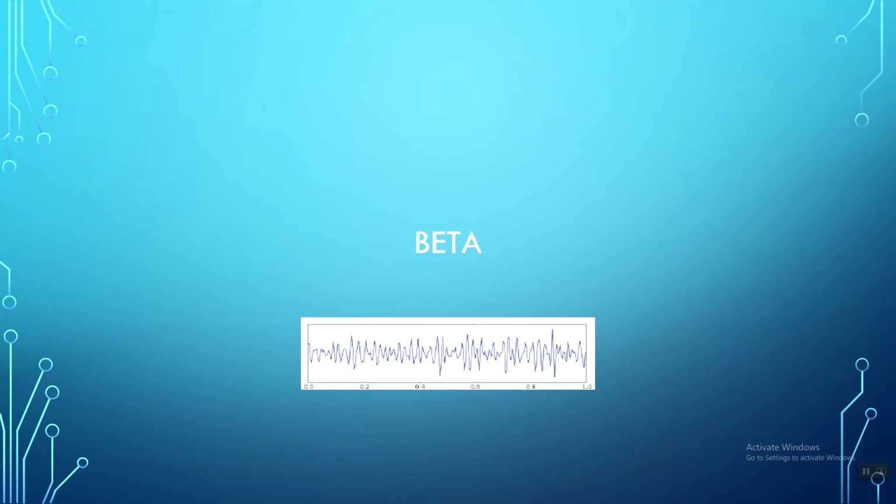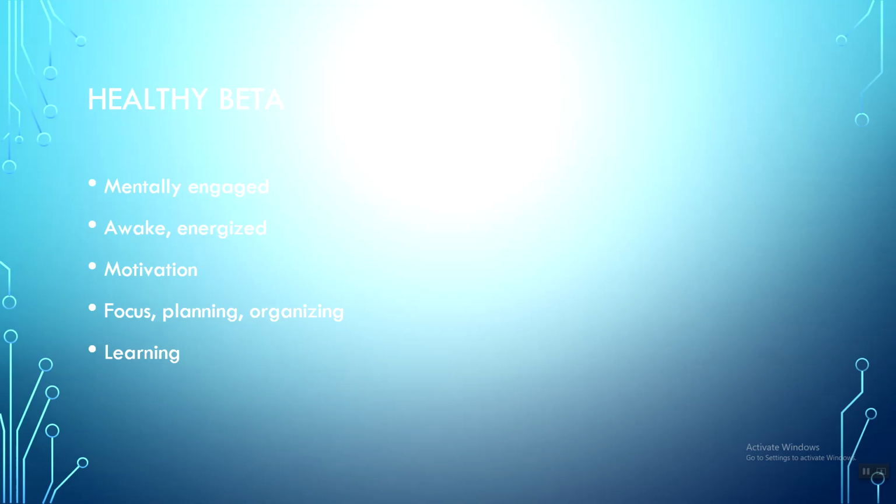Beta 3 is 19 to 25, and high beta is 25 to 30. Beta is a frequency of active conscious cognitive processing. Sorry, B3 is 19 to 35? B3 is 19 to 25. HB, high beta, is 25 to 30.